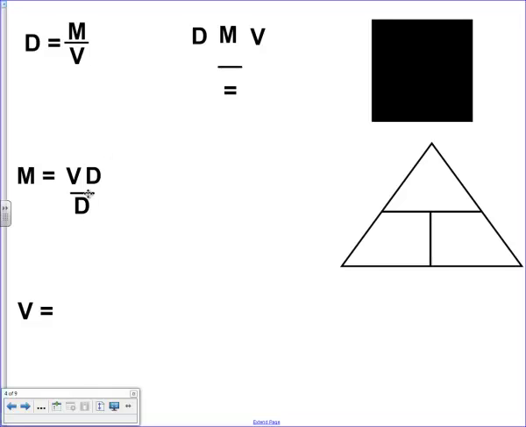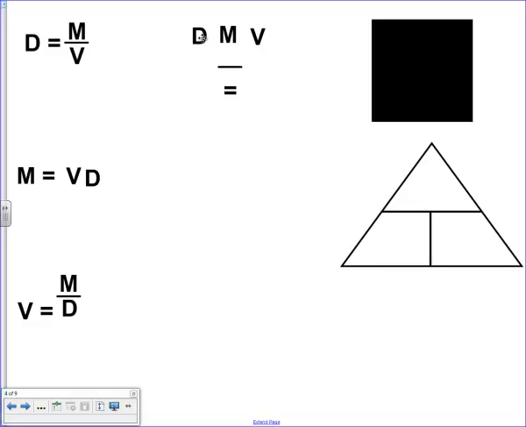And what I do to one side, I have to do to the other. So I'm going to be left with mass divided by density equals volume. So that's mathematically how you're going to calculate the different variables worked with density.